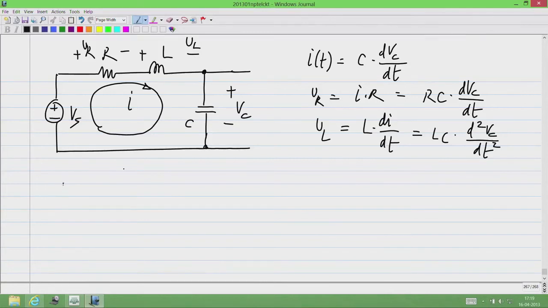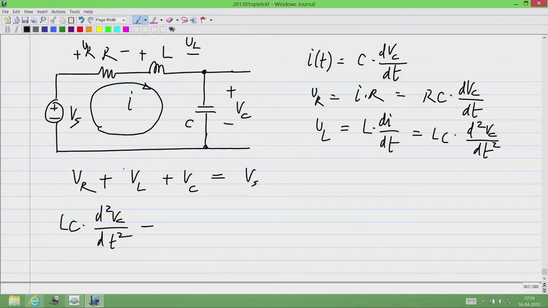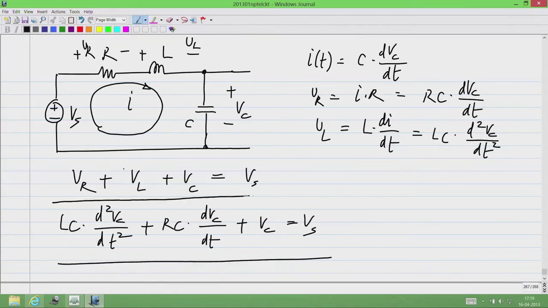So, we can form this differential equation, or let me put Vs on the right hand side. We know that the voltage across the resistor plus voltage across the inductor plus voltage across the capacitor equals Vs. So, LC second derivative of Vc plus RC first derivative of Vc plus Vc equals Vs. Okay.